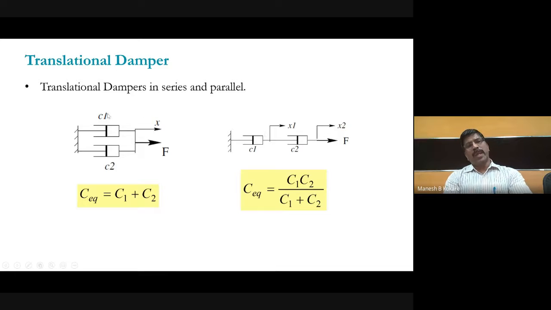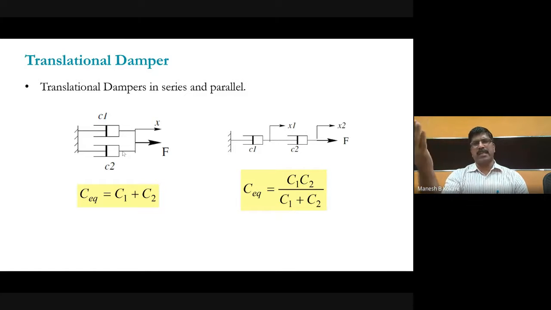Yesterday we studied that when two springs are connected in parallel, the equivalent spring coefficient is k1 plus k2, and if they are connected in series, it is k1 k2 divided by k1 plus k2.